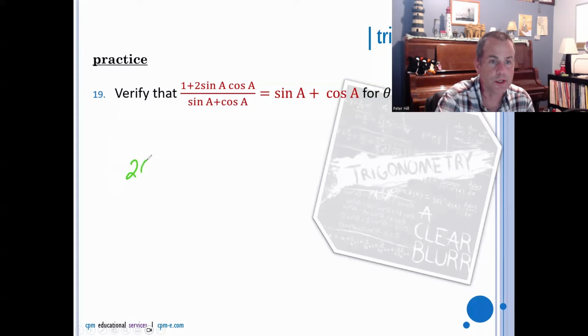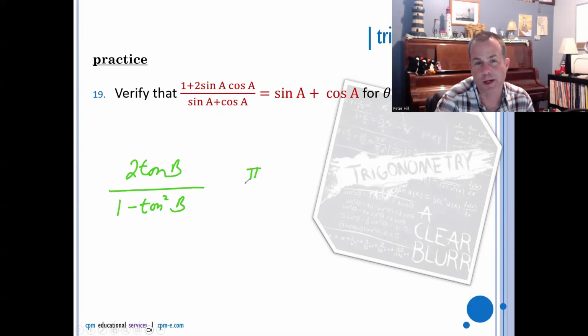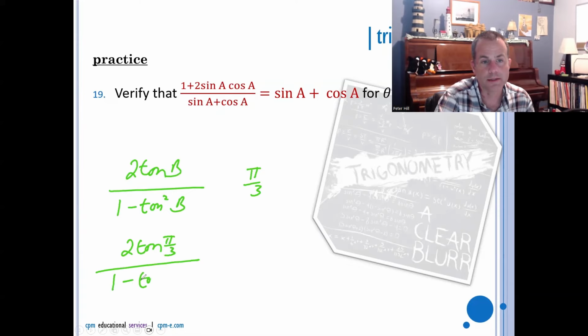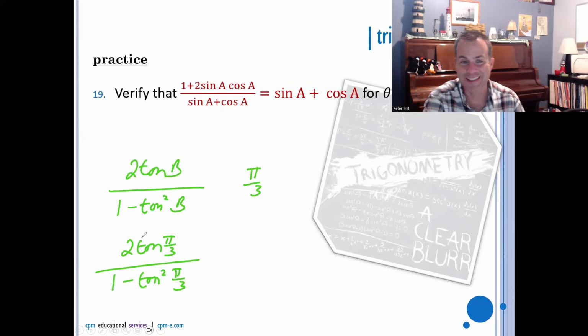Let's say you were given 2 tan of b over 1 minus tan squared b, and you were asked to plug in pi over 3. What I would want to see there is 2 tan of pi over 3 over 1 minus tan squared of pi over 3. And then you're going to figure what tan of pi over 3 is, and you're going to work with the numbers only after that.